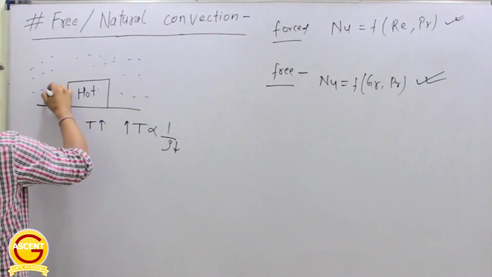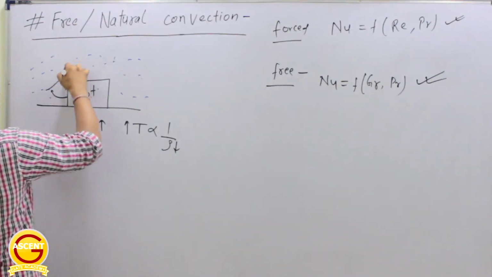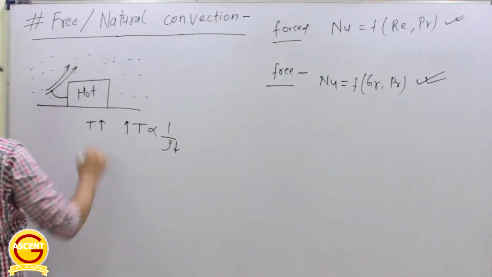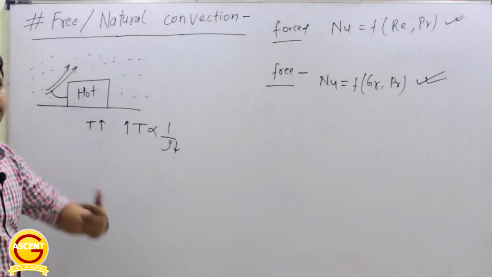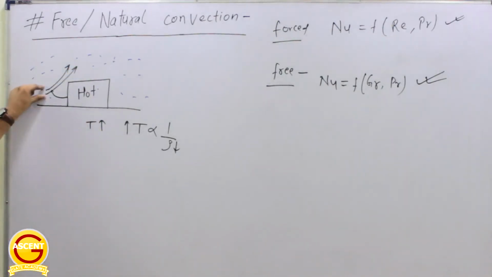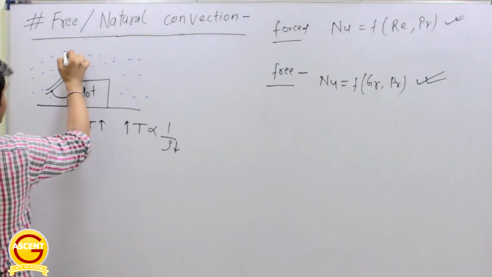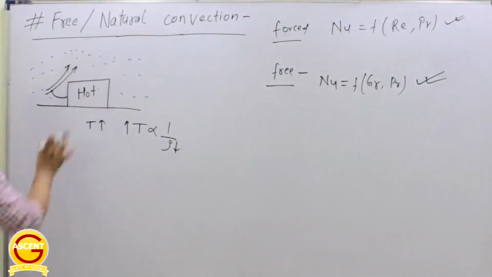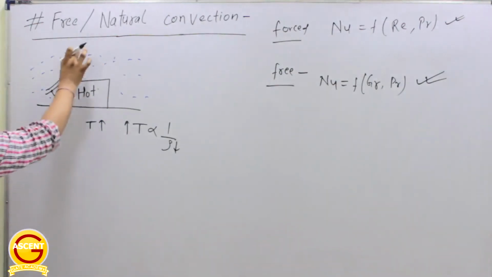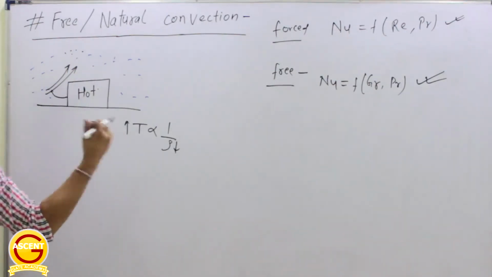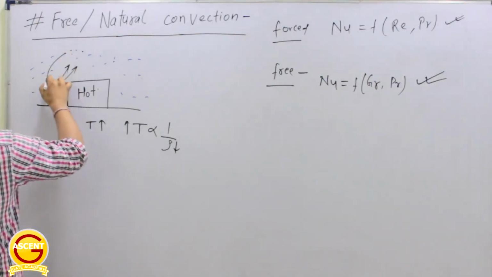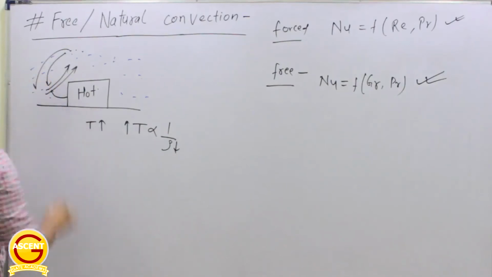Now these air particles tend to move upwards, because whenever there is a density difference, there will be some buoyancy effects. So the air particles which have become lighter will tend to move upwards, right? And the air particles which are farther away from this hot block, their temperature is less and their density is high, so they will come downwards and fill this space, right?